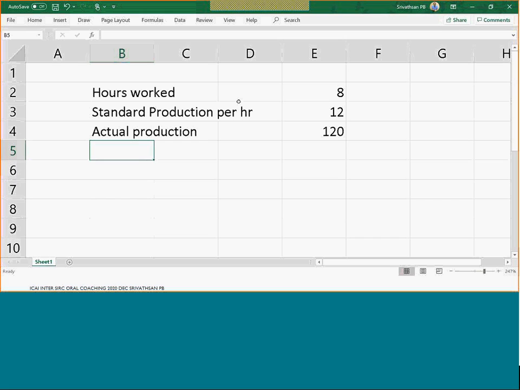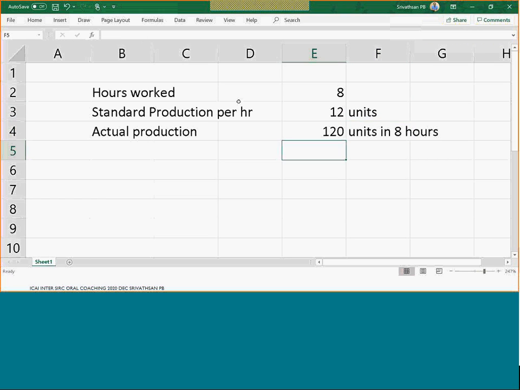Suppose I used 8 hours, and 100 units per hour is my actual production.